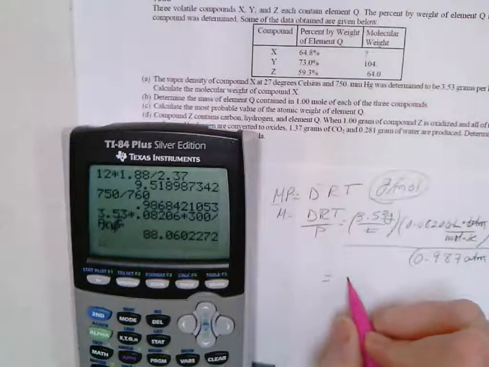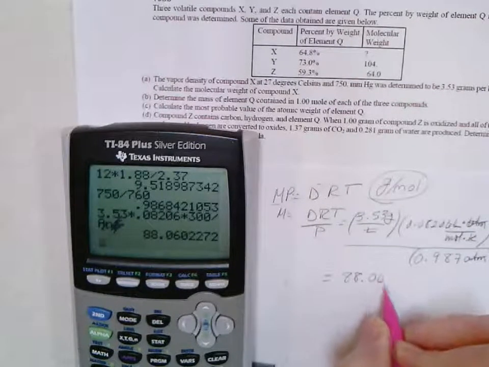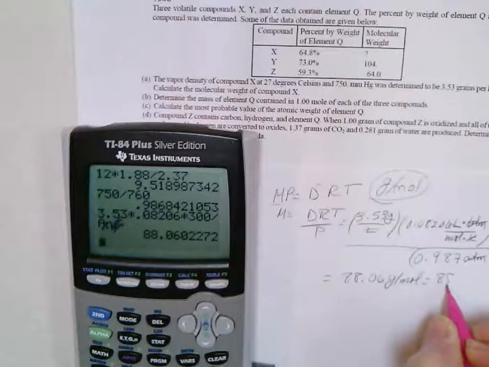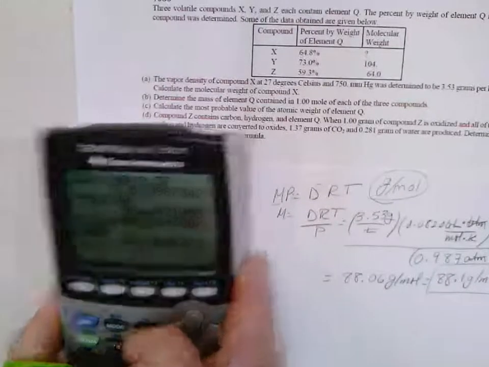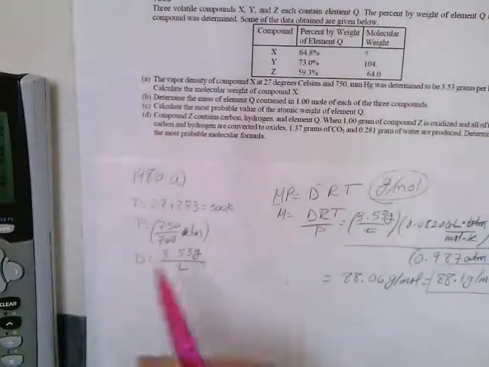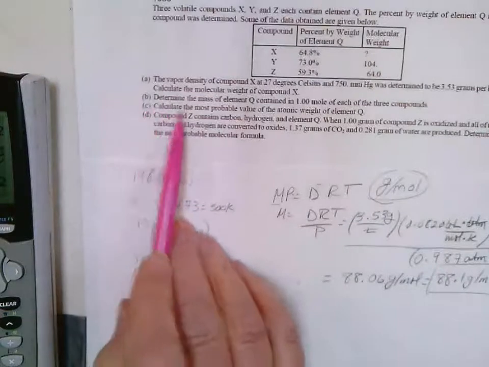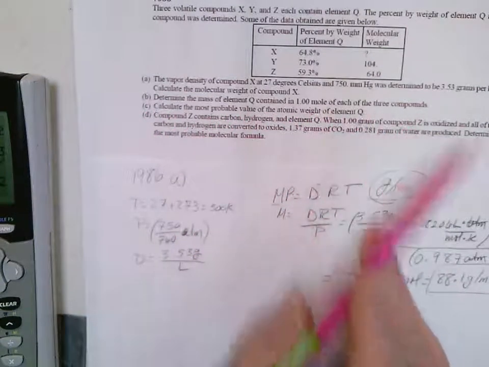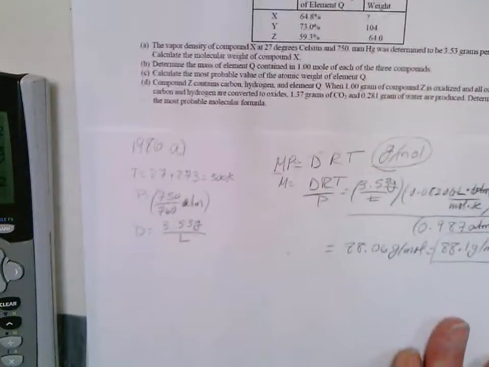And I get that its molar mass is 88.06 grams per mole, which I would report as 88.1 grams per mole. So I've got the molar mass. Now I know this is kind of small, and you can look this up in your sheet. B, determine the mass of element Q contained in 1 mole of each of the three compounds. So now that I have this number, it's going to make it easier, right?